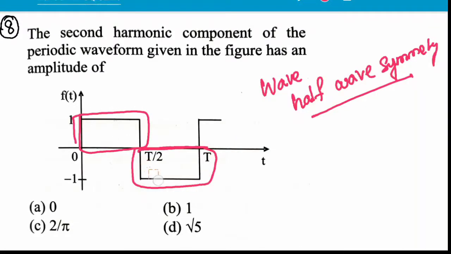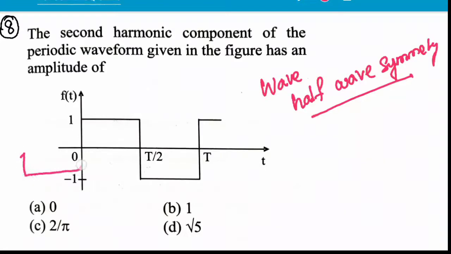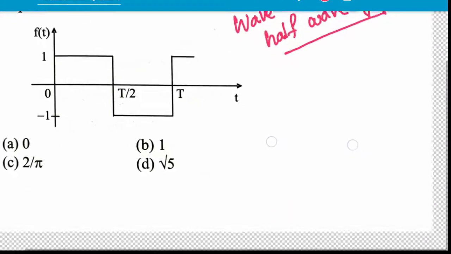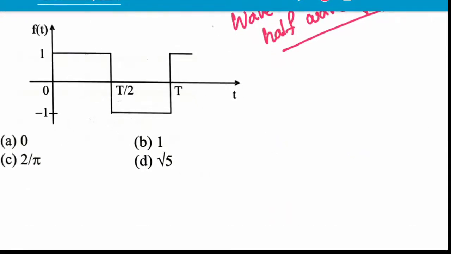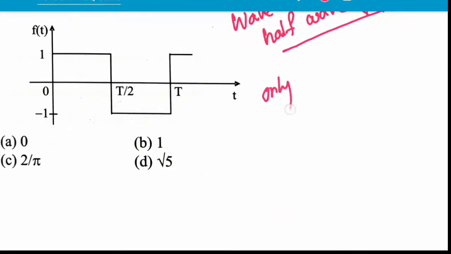And if we consider it with respect to the ωt axis, then it will also be the same. So this is called the half wave symmetry. For half wave symmetry, only odd harmonics will be present.